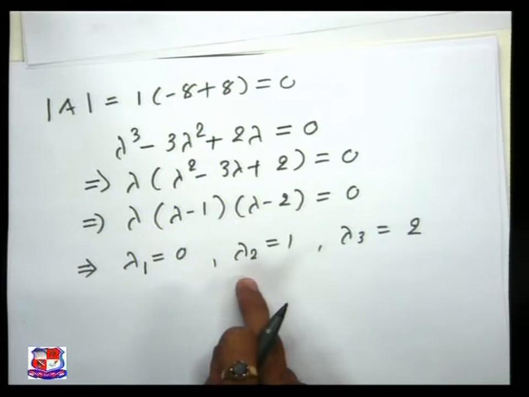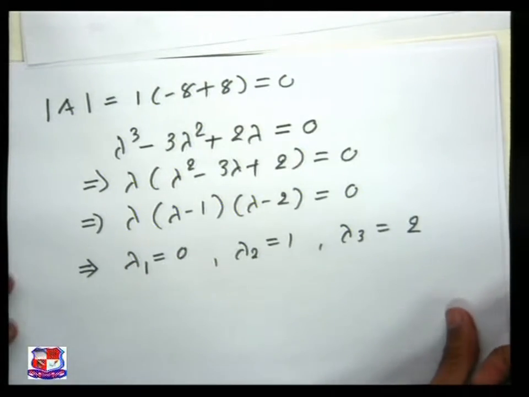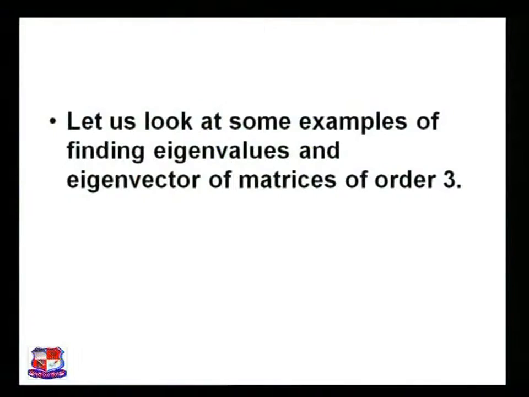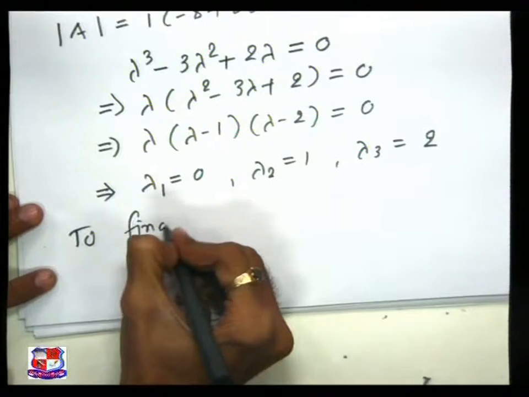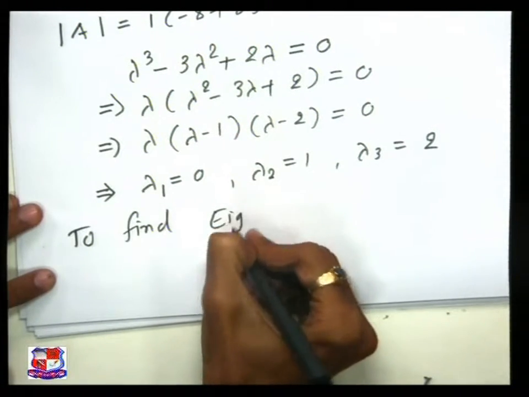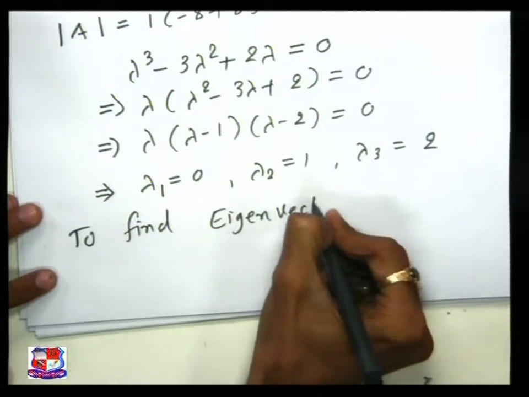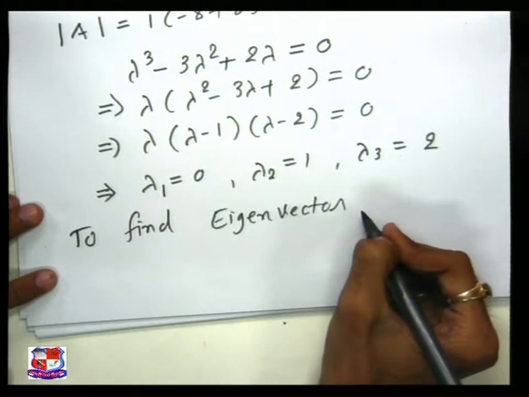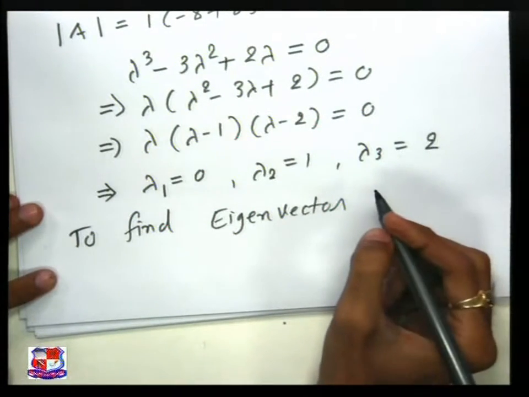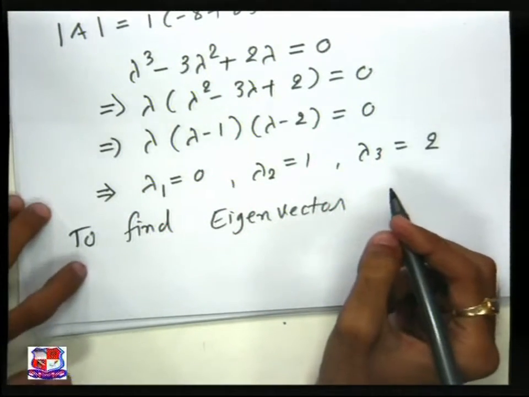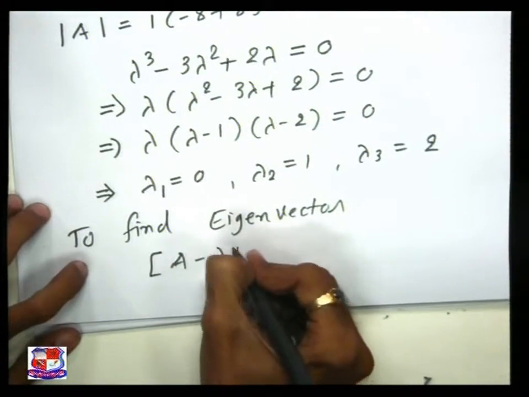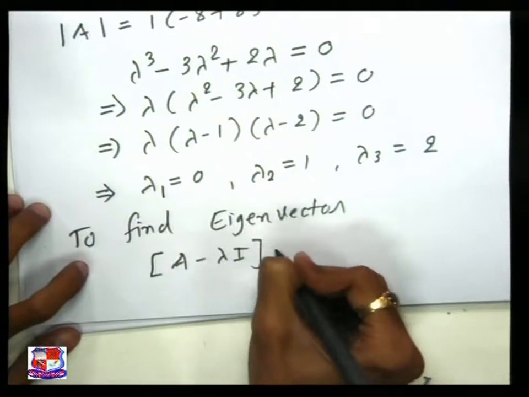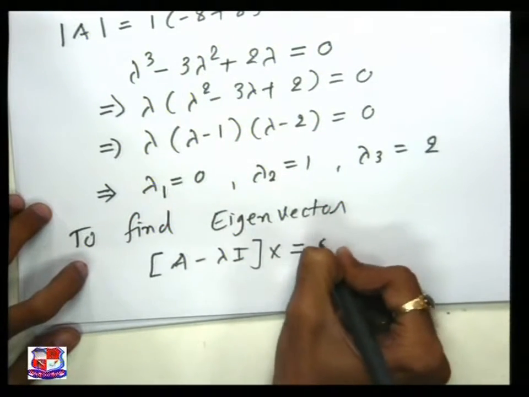Now to find the eigenvector, as we discussed in the PPT, we need to solve the homogeneous system A minus lambda I into x that is equal to 0.